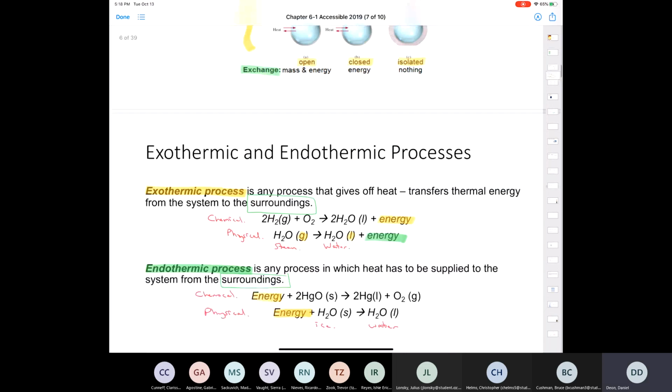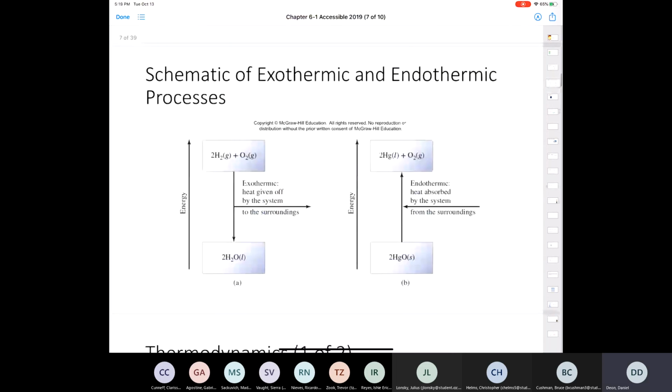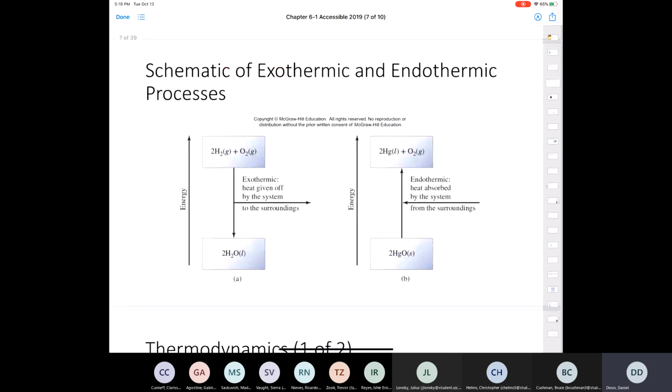Let's talk about endothermic and exothermic processes a little bit more and look at this schematic here. These are two different processes. These are two chemical changes. The first one, in A, shows the combustion of hydrogen gas, right? So this is the combustion of H2 in the presence of oxygen, of course, and we end up producing water.